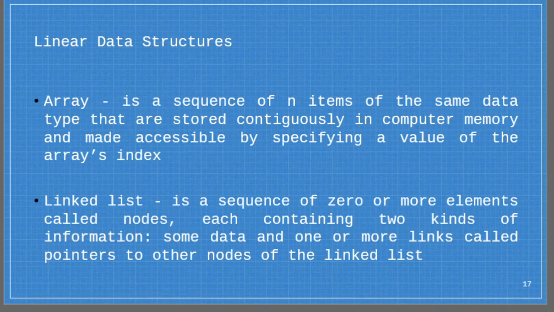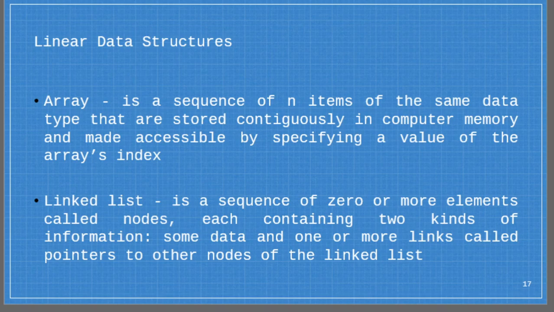So, we have types of data structure. First, we have the linear data structure. When we say linear data structures, these are the elementary data structures, or the data structures that are commonly used.